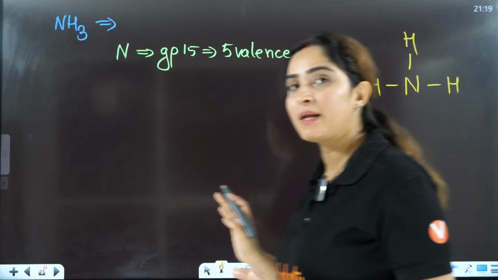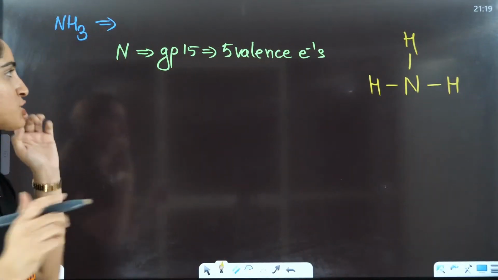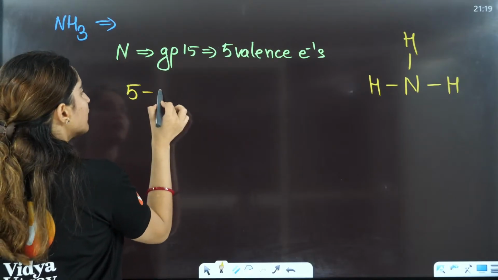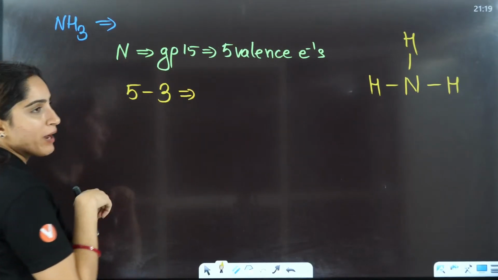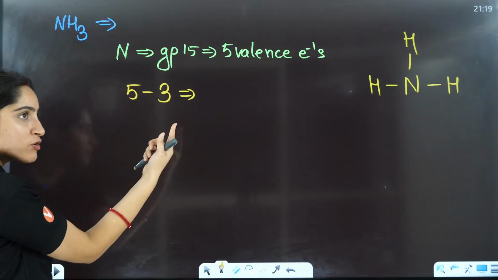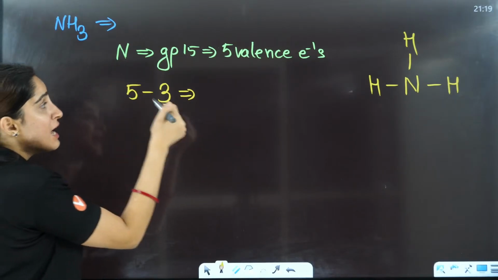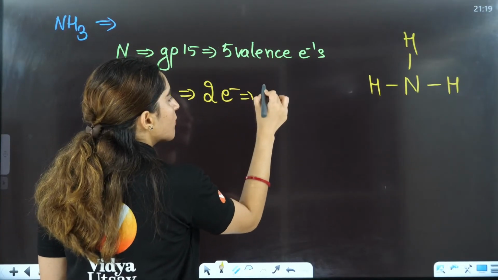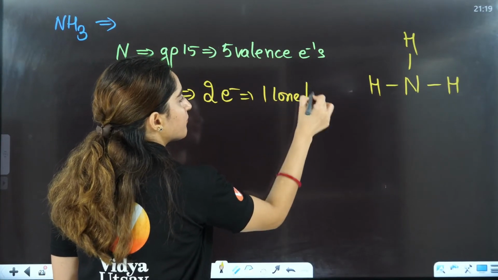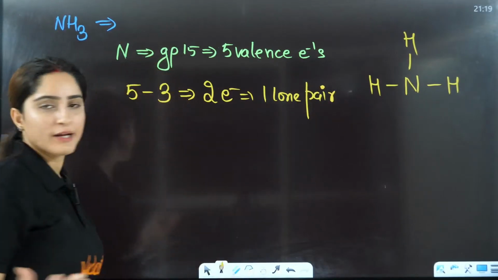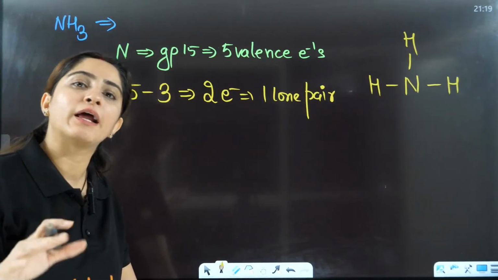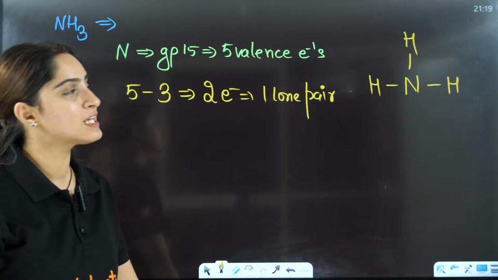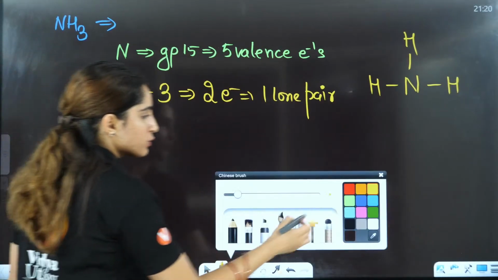That means it is only forming 3 bonds, so out of those 5, only 3 are occupied. Valence minus the number of bonds it is forming gives you 2 electrons. That means it has 1 lone pair, because 2 electrons always form 1 lone pair, and 4 electrons will form 2 lone pairs.